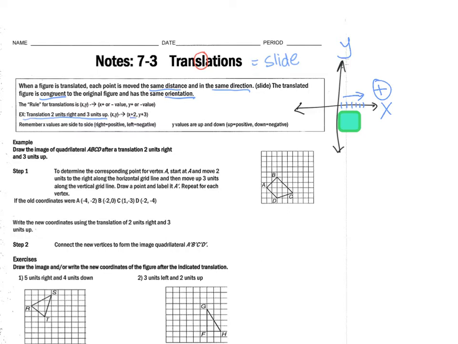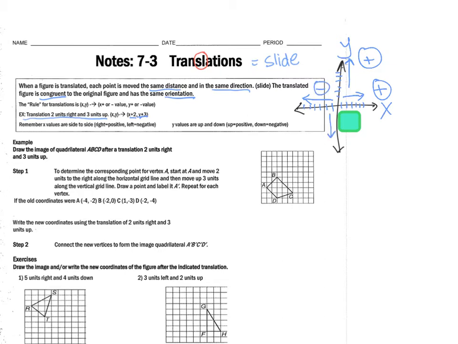Same thing if we go up on our y-axis. Those numbers are also positive, or plus 3. Then if we went to the left, those numbers are all negatives.